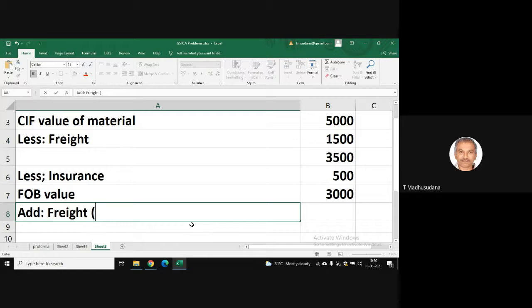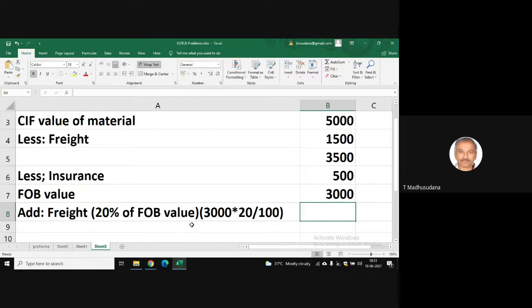So only 20% of FOB value is to be added. That is 3,000 into 20 divided by 100. So 20% means 600 US dollars.